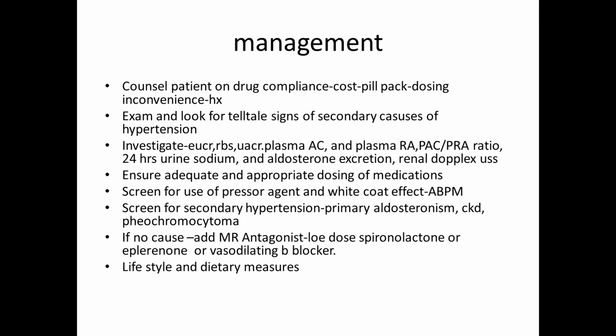So how do you manage the last part of the question? Counsel patients on drug compliance. You want to also take a history of the cost implication, because that might be why the patient is not buying his drug. Then the pill pack, and they may want to look at their pill pack and see whether they have actually been taking it or not, for those who insist they are taking it and whether that is practiced.